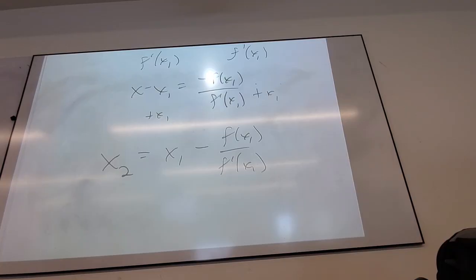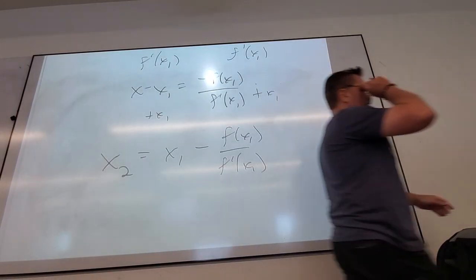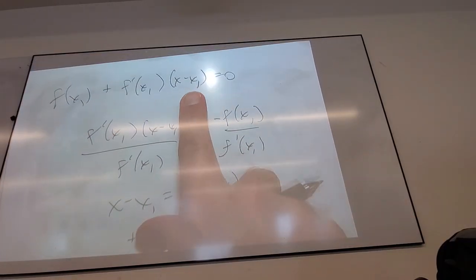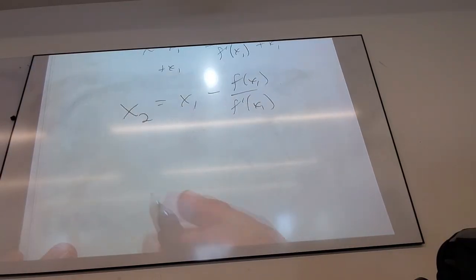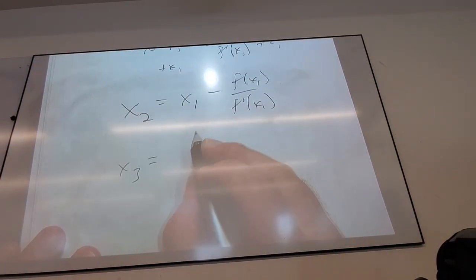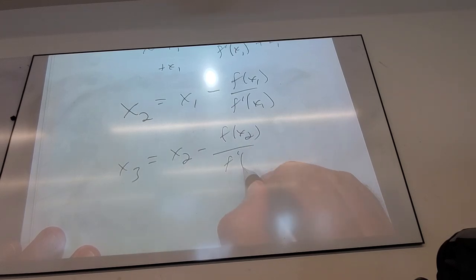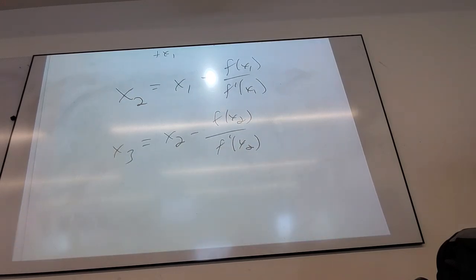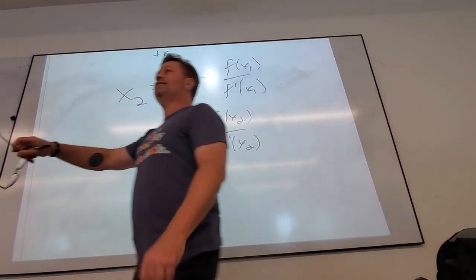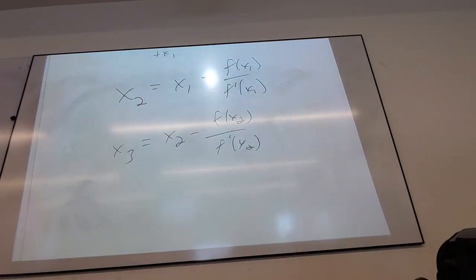And now you just make x2, and then you throw that in, you make x3, and then you throw that in, and you make x4. How do we get x3 now? What would x3 equal? Do I have to do the derivative all over again? No. The whole process would be exactly the same, except instead of x1, I'm now feeding the process x2, yes?